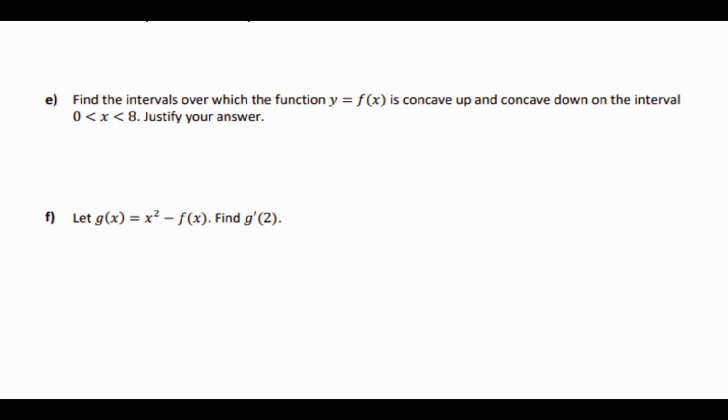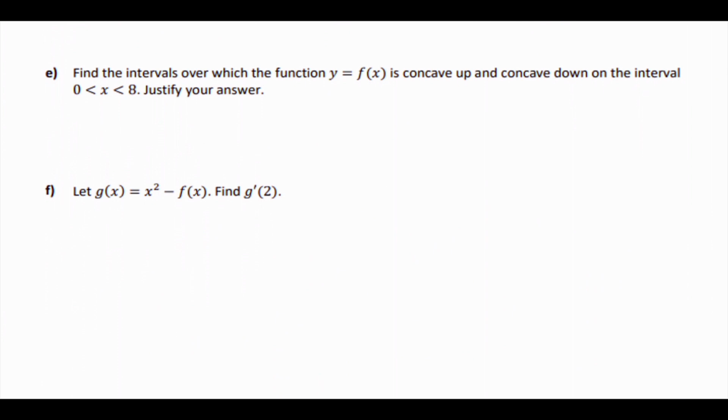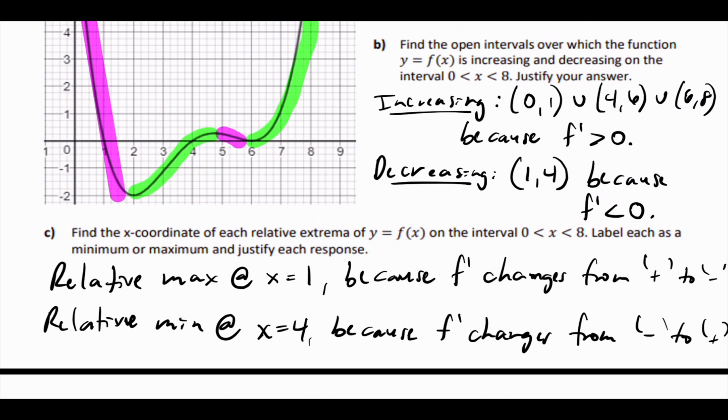So concave up. We would say concave up from, that's the green stuff, increasing from 2 to what x value is that? 4.75, right? 4.75 right here.